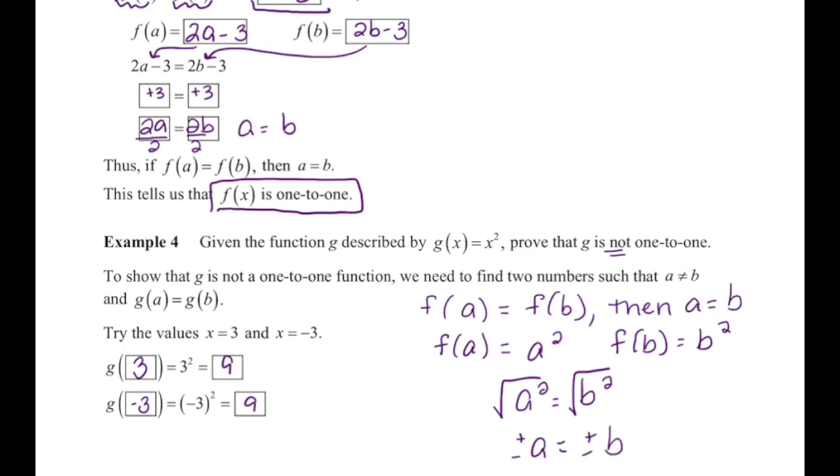So we could have any combination. I could have a with -b or -a with +b, and those are not equal to each other. So therefore, we found a counterexample. We also proved it using our theory so that this is not one-to-one. So our g function, g of x, is not one-to-one.